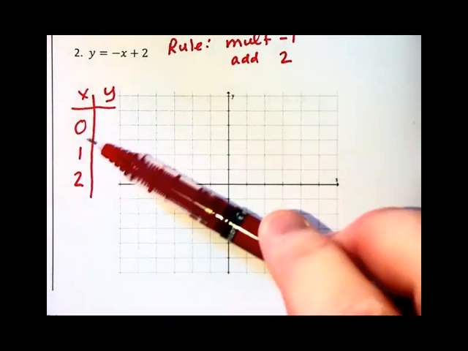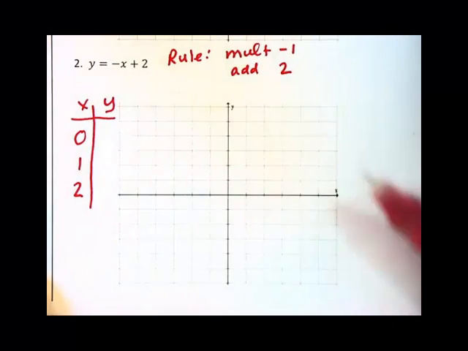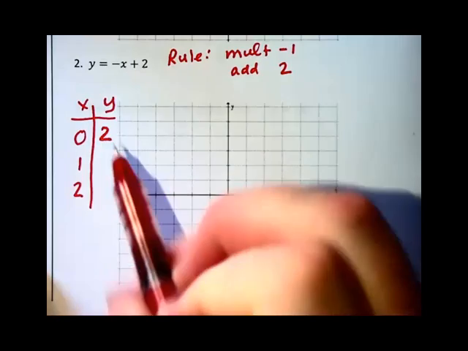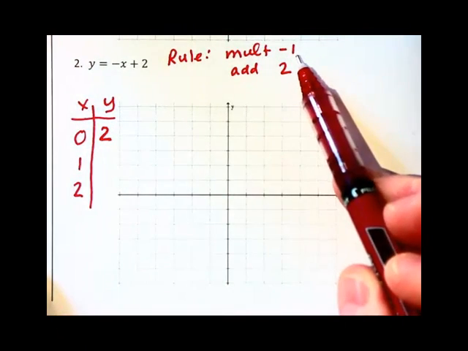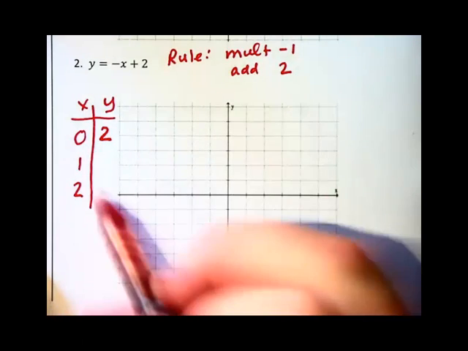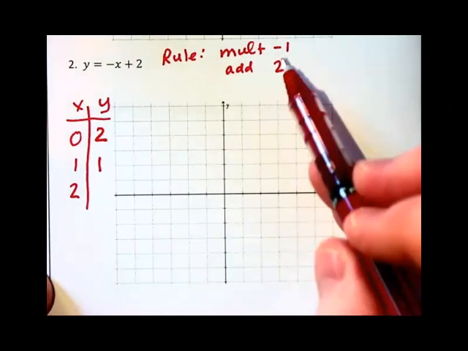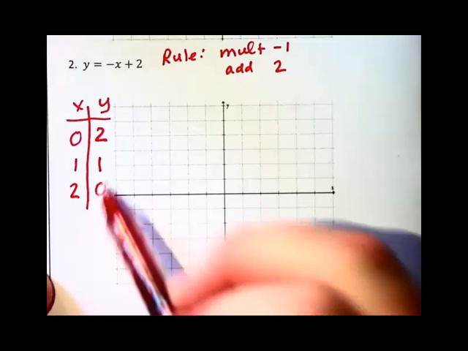So here we go. Let's take 0, multiply it by negative 1. 0 times negative 1 is still 0. Adding 2, we get 2. We take 1, multiply it by negative 1, we get negative 1. Add 2, we get 1. Then finally, 2 times negative 1 is negative 2, plus this 2 makes 0.